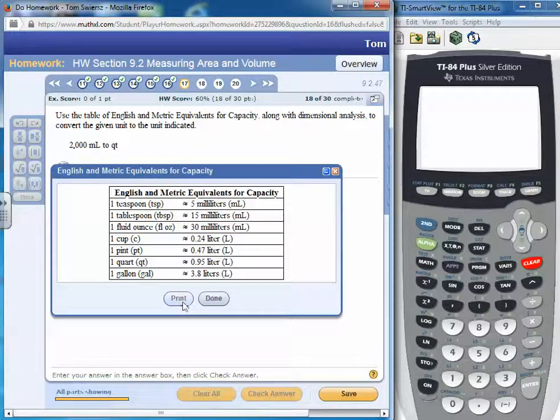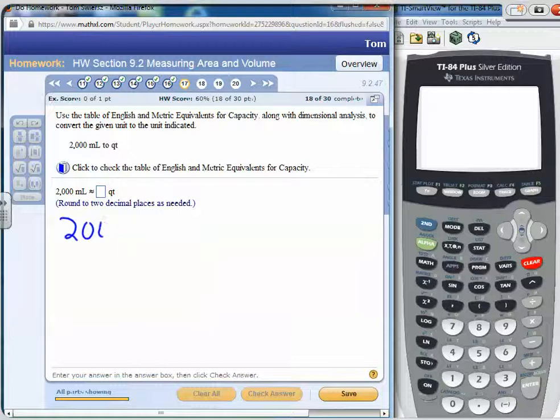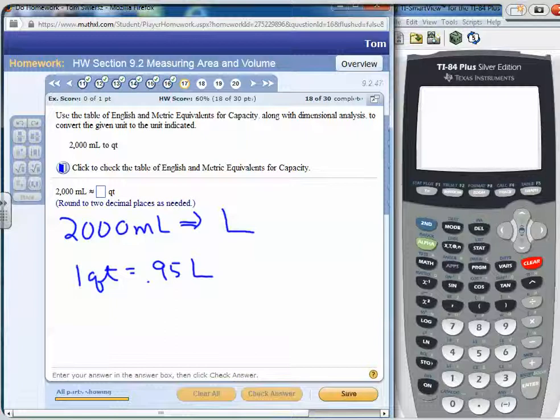So we'll take 2,000 milliliters, convert it to liters, metric to metric, and then use what we just learned: 1 quart is equal to 0.95 liters from this table here.